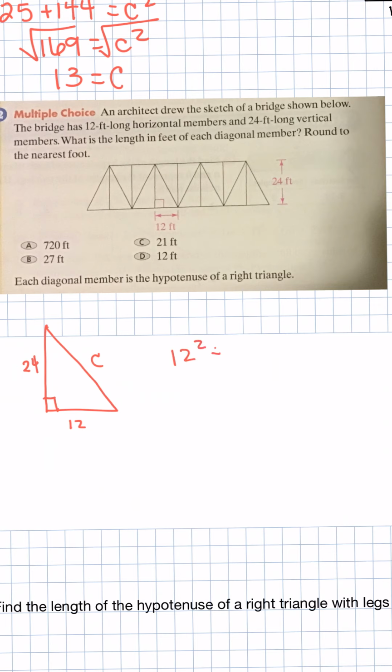So 12 squared plus 24 squared equals C squared. 12 times 12 is 144. And 24 times 24, 576. Add those together, 720.